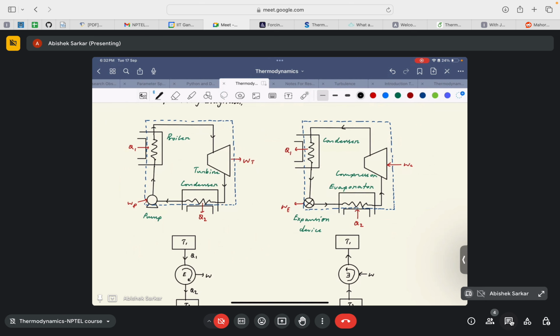The compressor compresses this refrigerant into a much denser form, in the form of liquid, and this liquid is then transferred back to a condenser where, sorry, I'm extremely sorry, this refrigerant is compressed in the compressor.